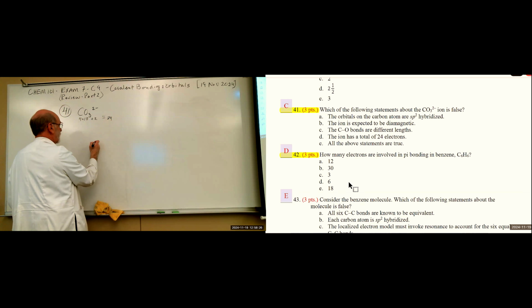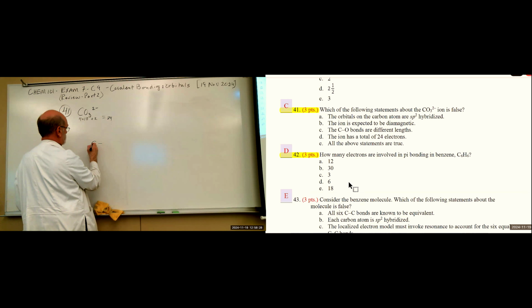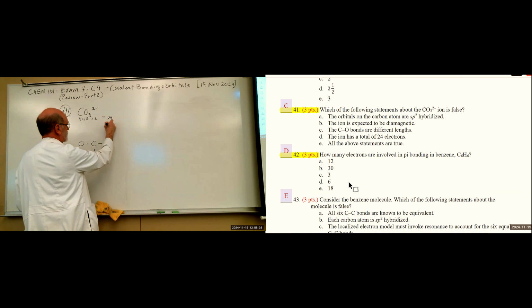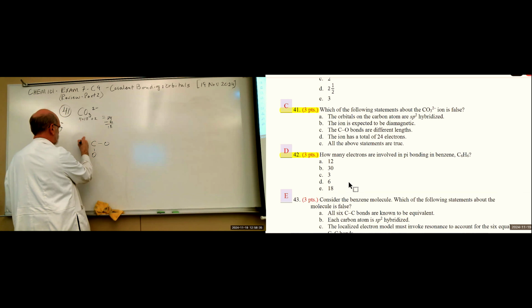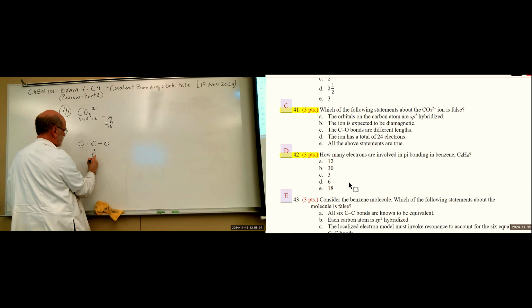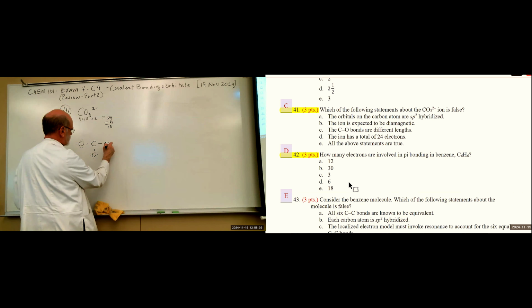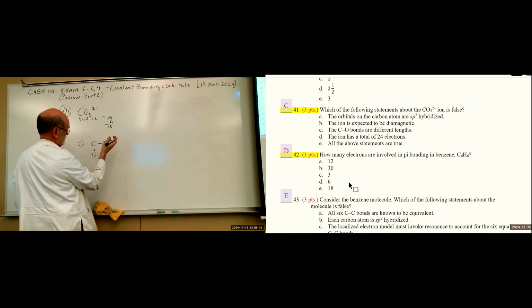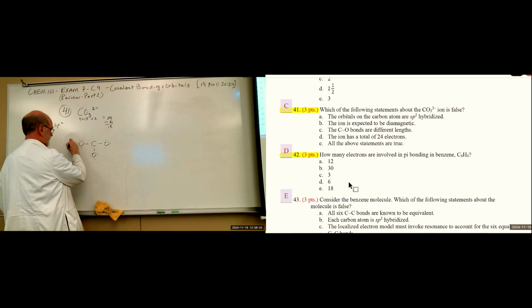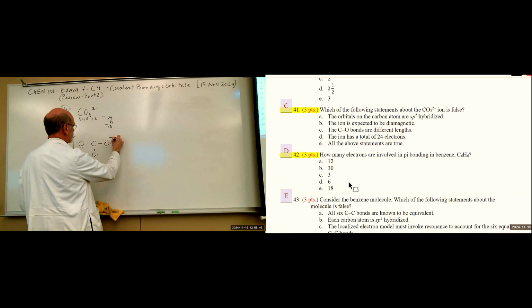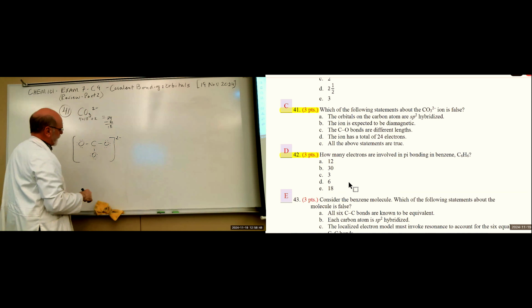24 electrons. Carbon, 3 oxygens. And 2, 4, 6, is 18. 2, 4, 6, 10, 12, 14, 16, 18. That's it. Okay. 2 minus.